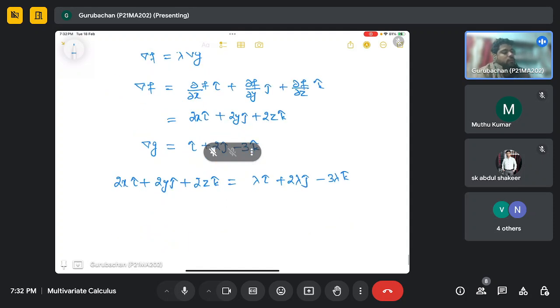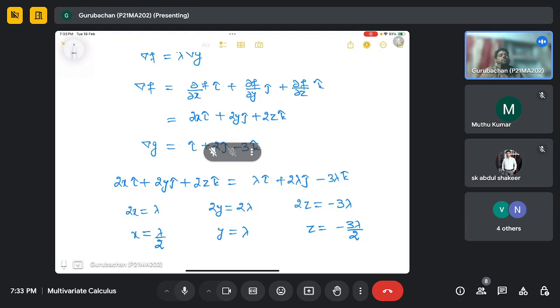So this will give us 2x equal to lambda, 2y equal to 2 lambda, 2z equal to minus 3 lambda. So x is equal to lambda by 2, y is equal to lambda, z is equal to minus 3 lambda by 2.